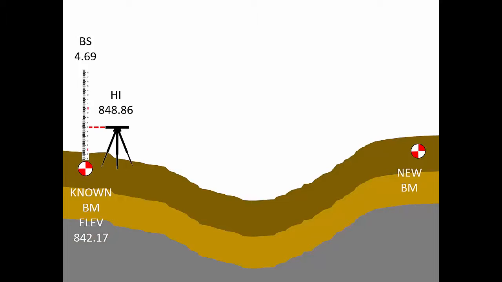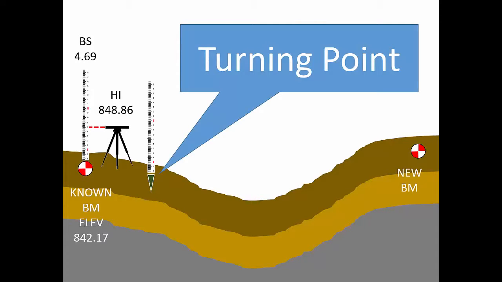When the backsight reading is complete, the rod person can move beyond the instrument operator toward the survey site. At a convenient location where the instrument is visible, the rod person will create a turning point. A turning point is a temporary intermediate point in a level circuit that we use like a benchmark.